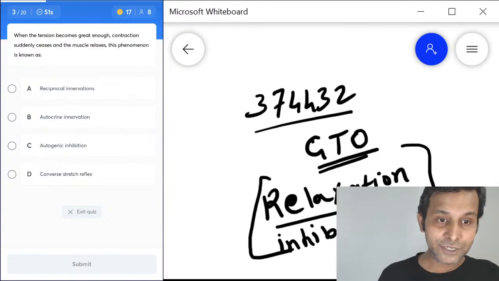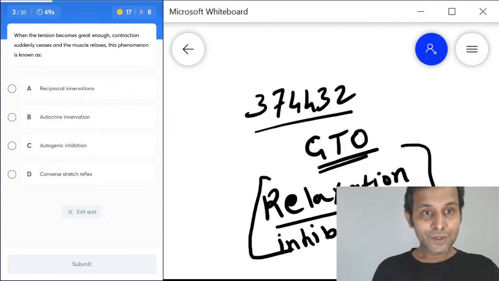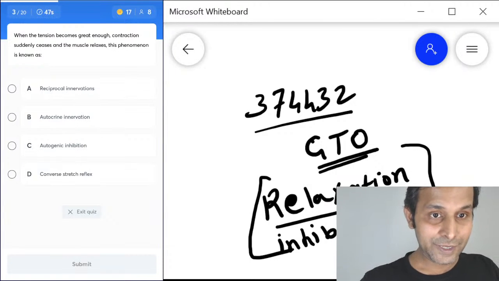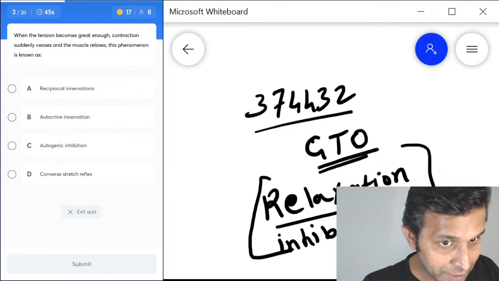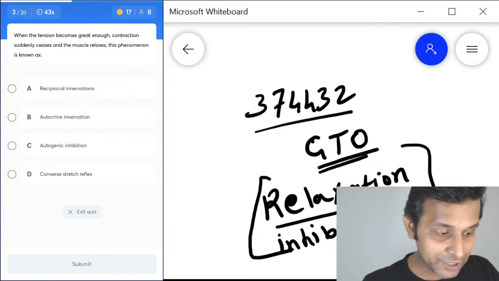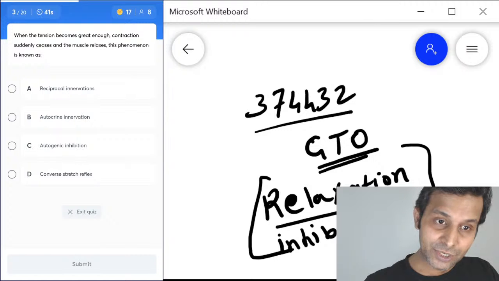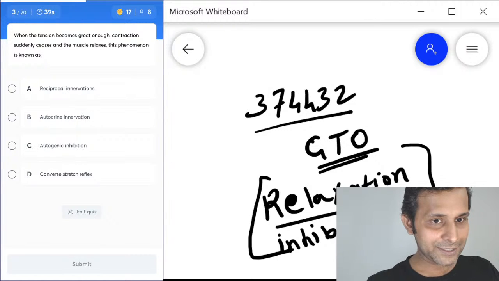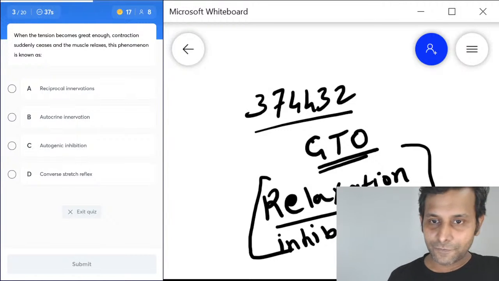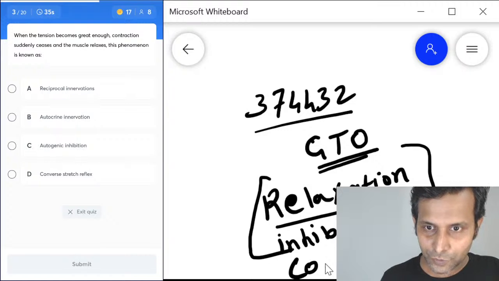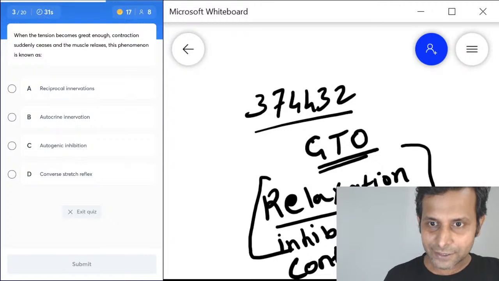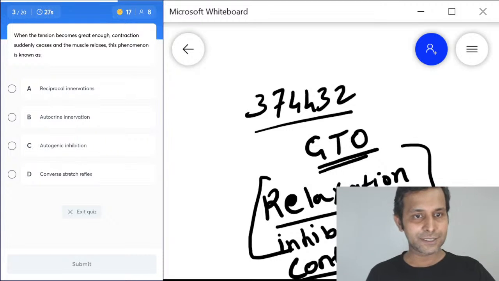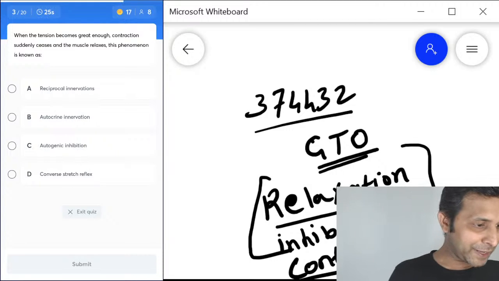When there is a contraction and the muscle relaxes, it's called reciprocal innervation, autocrine innervation, autogenic inhibition, or converse stretch reflex. There is inhibition of contraction. So I hope you will get the answer from this hint.